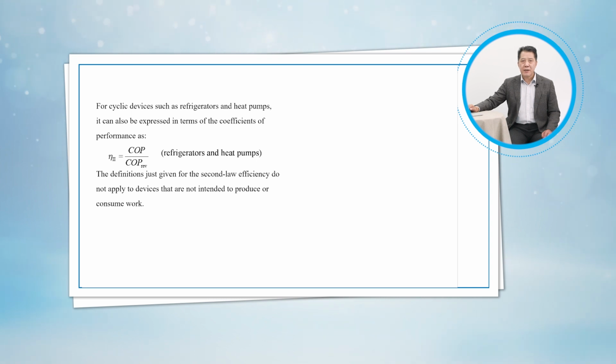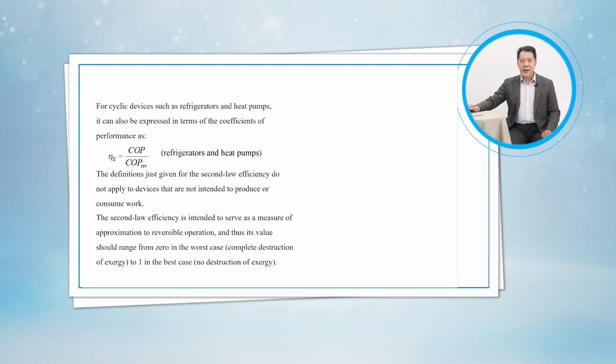However, there is some disagreement on a general definition of the second law efficiency, and thus a person may encounter different definitions for the same devices. The second law efficiency is intended to serve as a measure of approximation to reversible operation, and thus its value should range from 0 in the worst case to 1 in the best case.